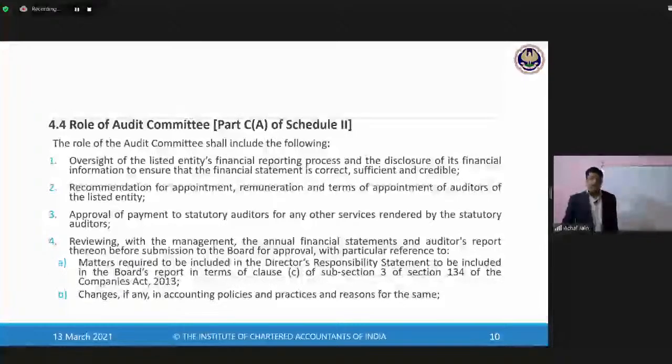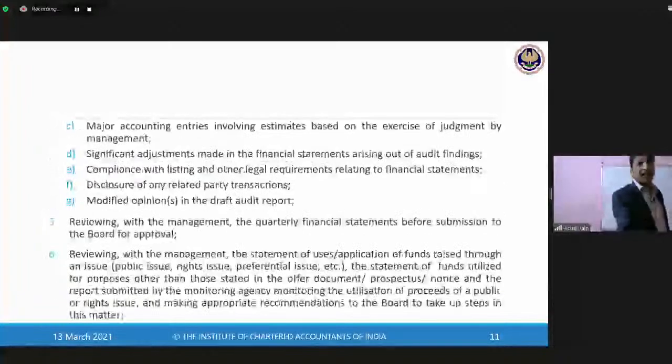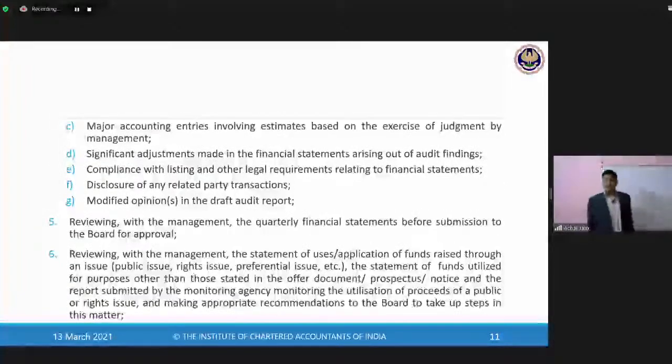So if there are any matters which are required to be included in the director's responsibility statement, changes in the accounting policies, etc. If there are major accounting entries, significant adjustments made, compliance with listing and other legal requirements related to financial statements. So everything in relation to the financial statements and the audit observations, audit reports, it first comes to the audit committee. It's discussed with the audit committee, finalized with them, and that is when it goes to the board for its approval.